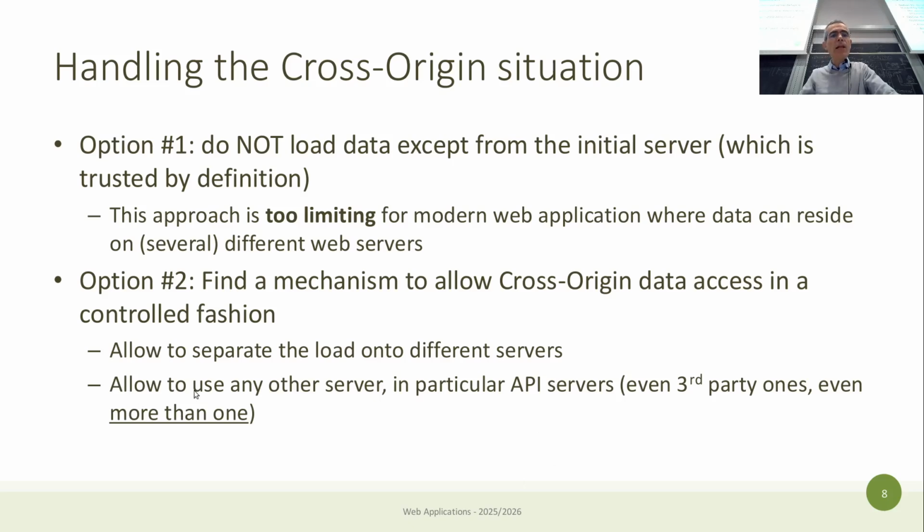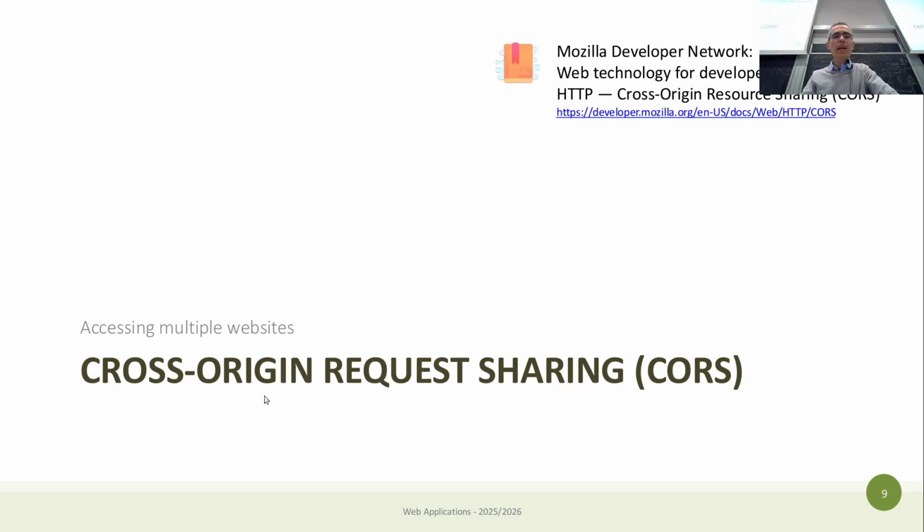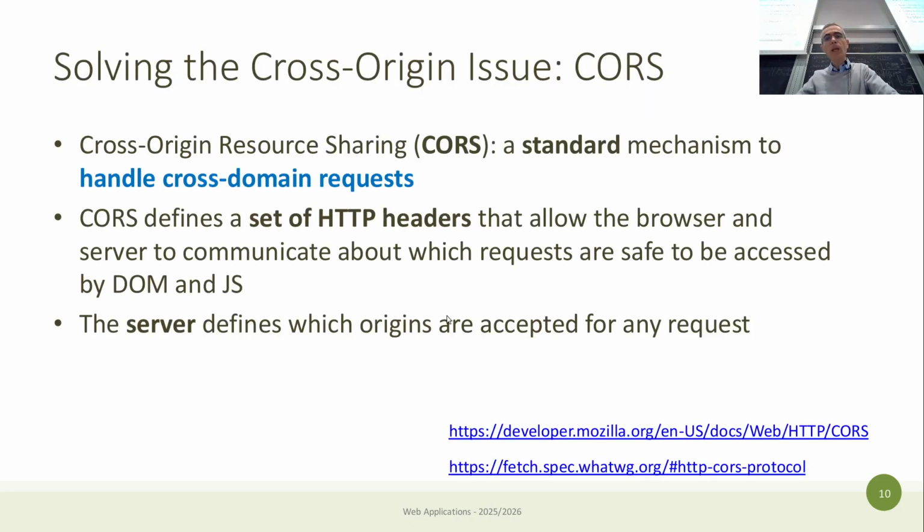And so you can allow the use of any other server, in particular API servers, even third-party ones, even more than one, but we need to find a mechanism to control this access, okay? And the mechanism is the one we are going to describe now. It's called cross-origin request sharing, CORS. That is a standardized mechanism to handle these cross-domain requests.